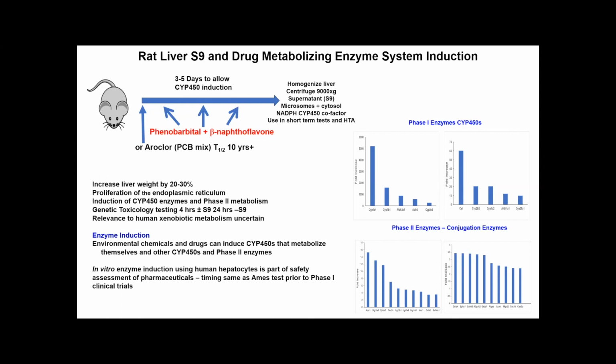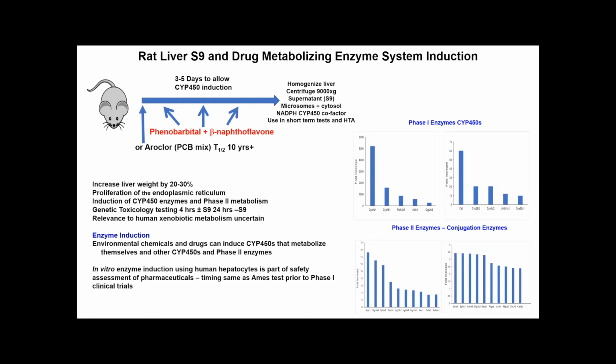So what happens when you give animals this, their liver weight increases, P450s get upregulated tremendously, and the picture on the right there was done by Miriam Rivas, and you can see that cytochrome P450 1A1 in this system is induced about 5,000-fold, and CYP1B1 1,000-fold.